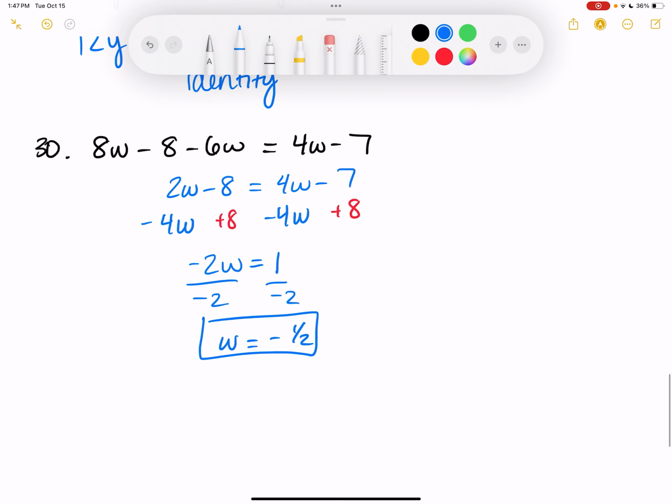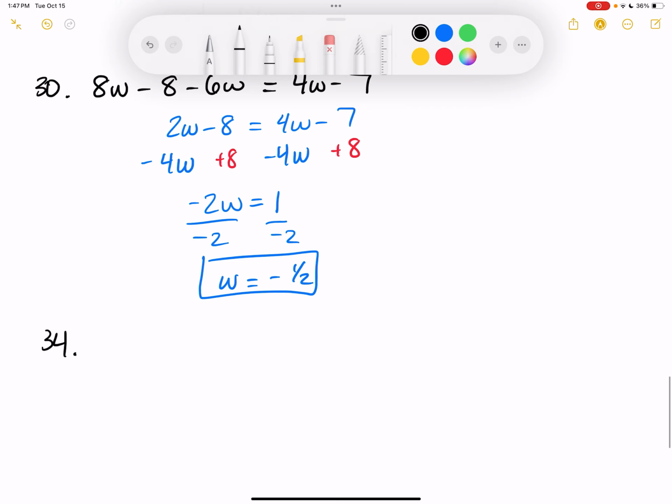Let's do 34. 5/8 m minus 3/8 equals 1/2 m plus 7/8.